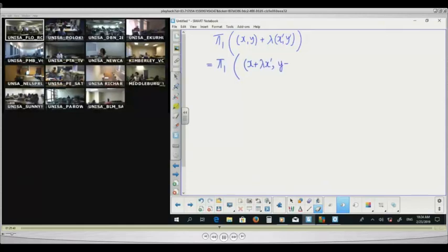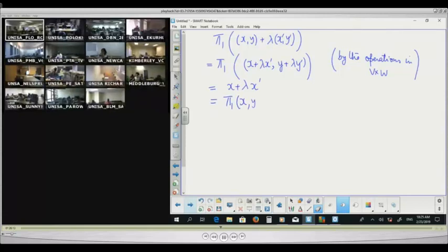So now let's invoke the operation in V cross W. By my definition of phi 1, this is x plus lambda times x prime, but x is nothing else but phi 1 of (x, y) and lambda times phi 1 of (x prime, y prime). So that does it.